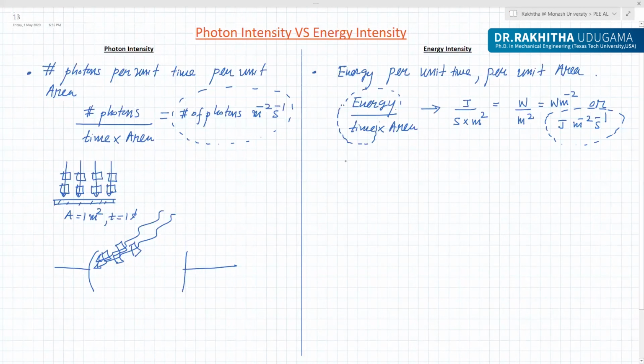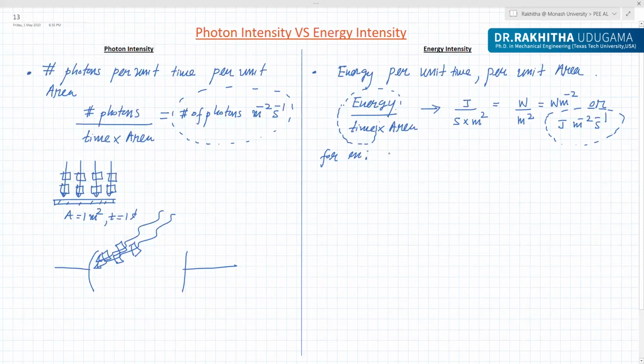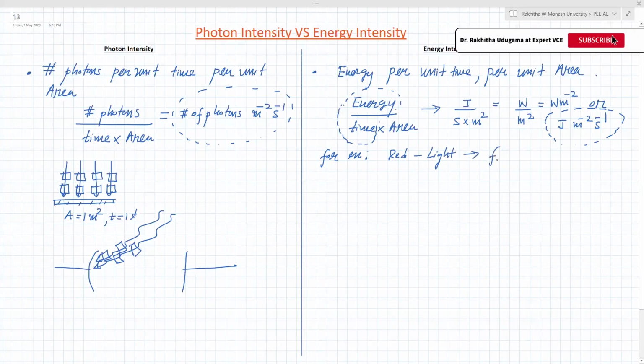Now, let's take an example. Think about red light, which has frequency fR.